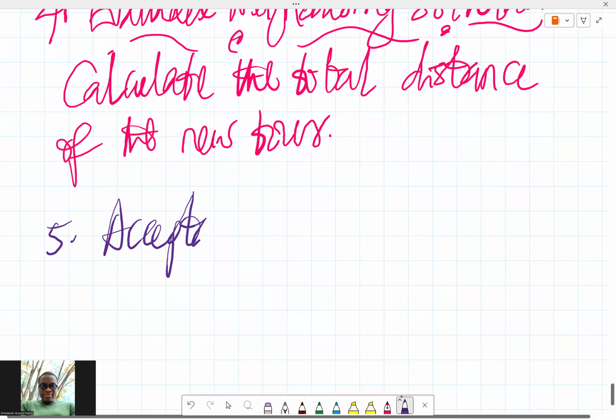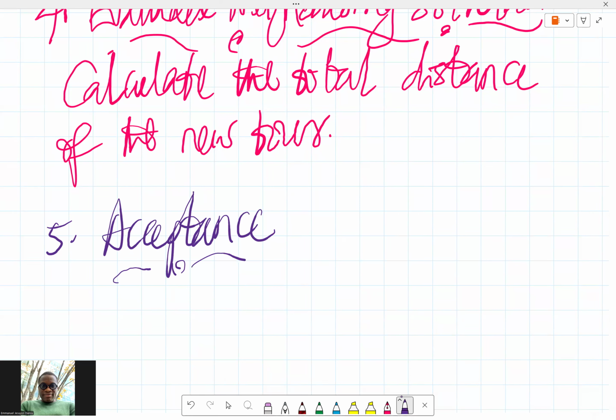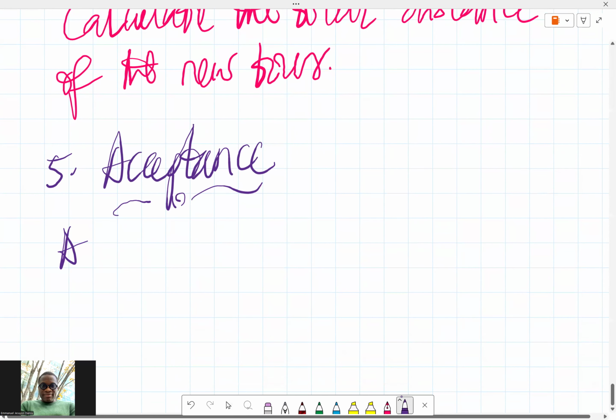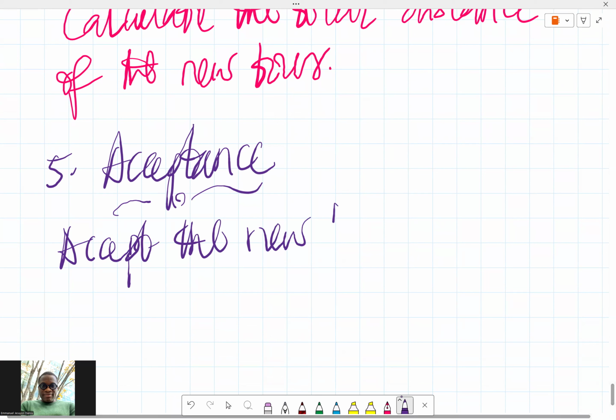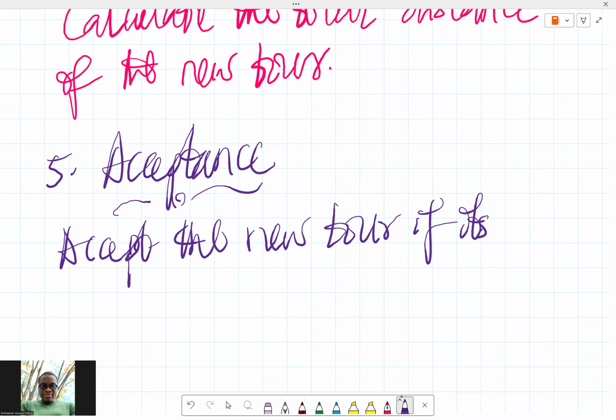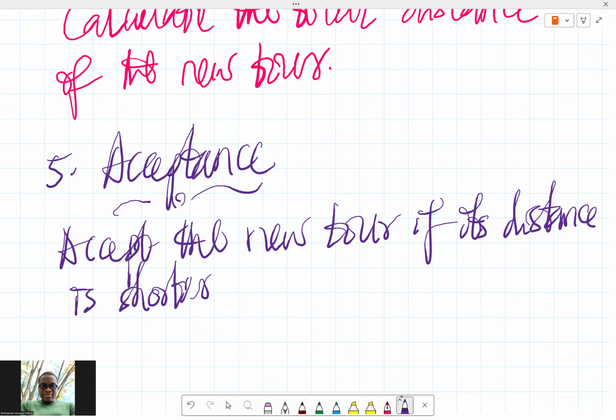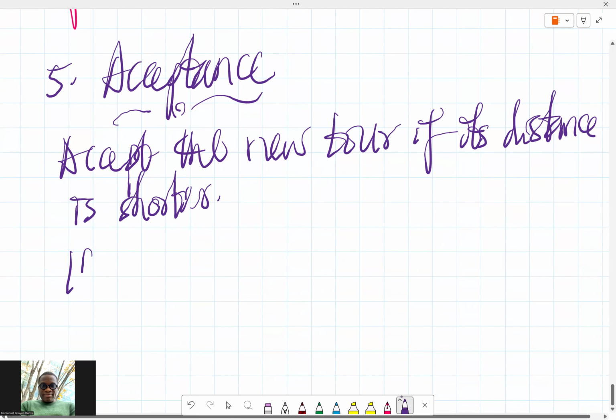So you accept the better one. So acceptance now. Accept the new tour if its distance is shorter. You want to minimize distance. If the distance is shorter, but if it's longer, right?